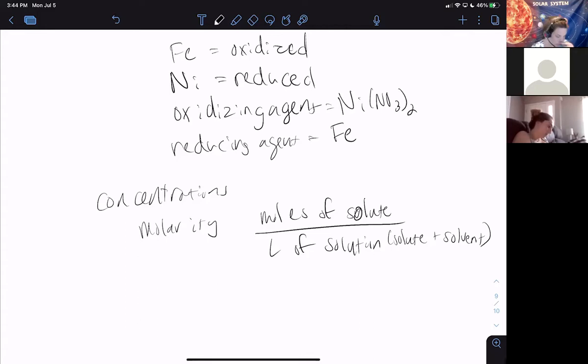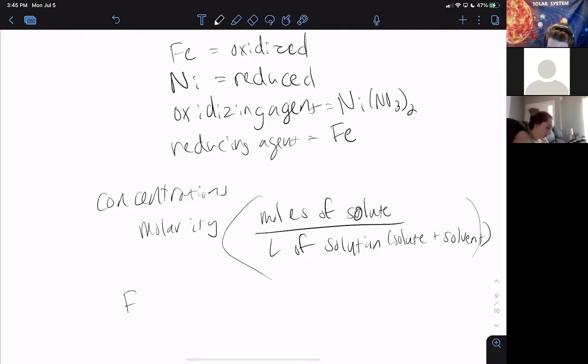Total volume of your solution. So you should know what molarity is. You should understand how to determine the concentration of a compound, molecule, or an ion.